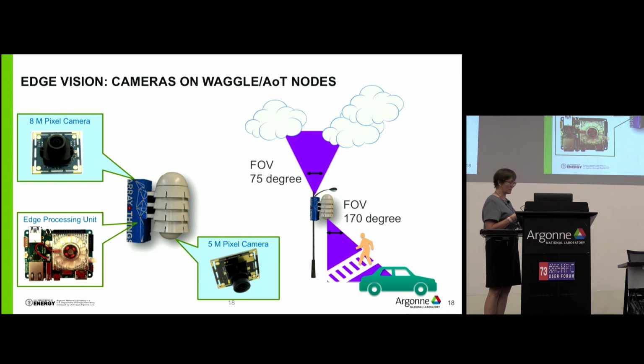So all of the first round of nodes didn't have cameras, and we've been putting cameras in, quite a few of them, particularly if the questions asked for those nodes are things like traffic patterns and whatnot. So most of the new generation nodes have two cameras. One is looking up, one is looking down, and the images on these, in the first round, were being processed by our edge computer.